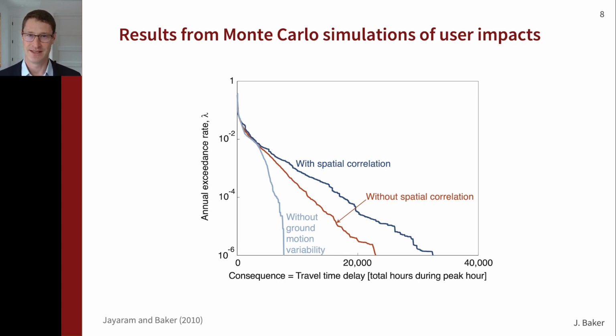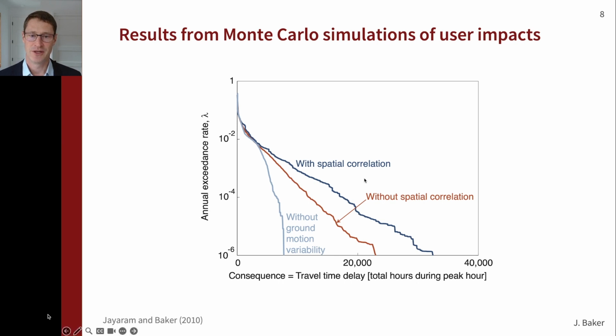And so what happens is that at a particular location with a bridge, we on occasion sample these strong ground motion amplitudes and the bridge is damaged, but there's some rerouting path nearby that travelers would take instead. And when we don't have spatial correlation, the bridges on those adjacent redundant paths are less likely to have the strong ground shaking, and so the rerouting paths are more likely to be available.